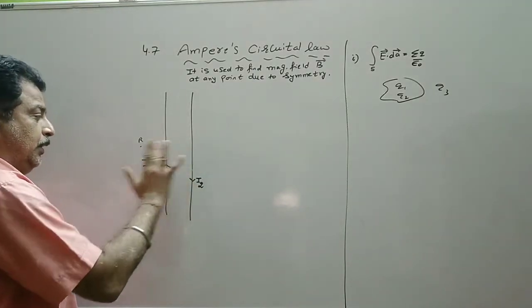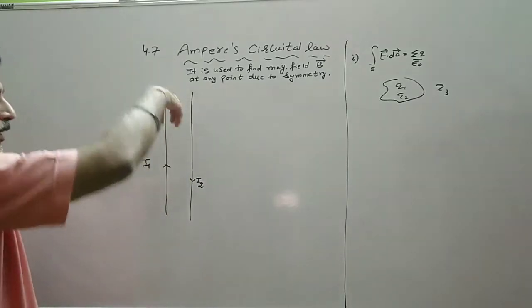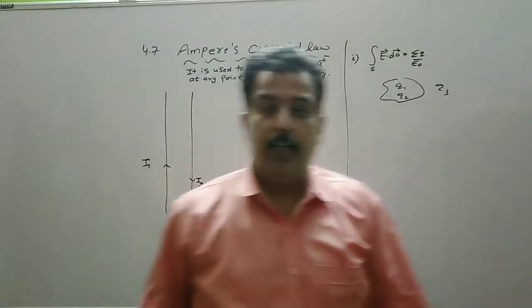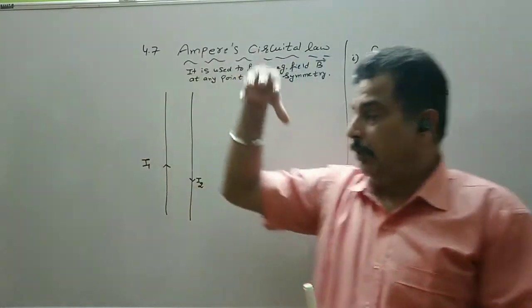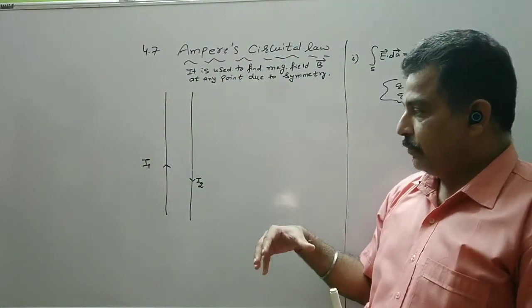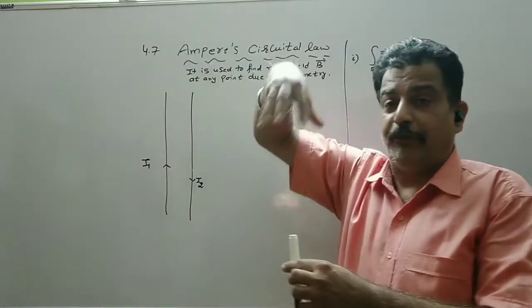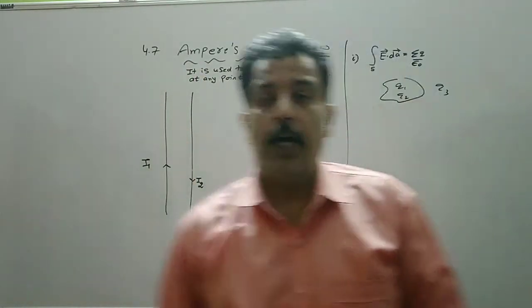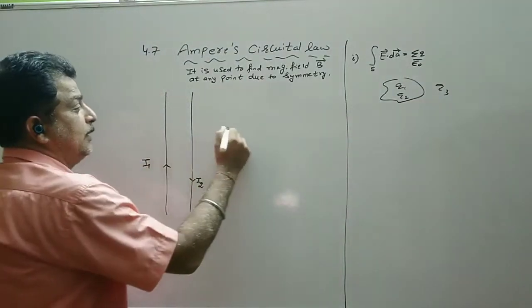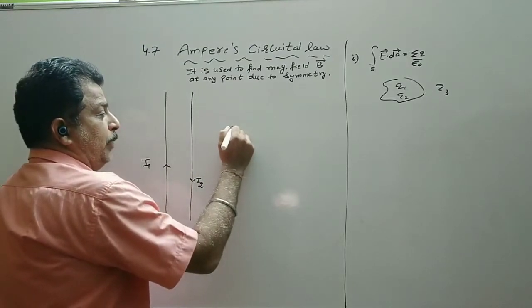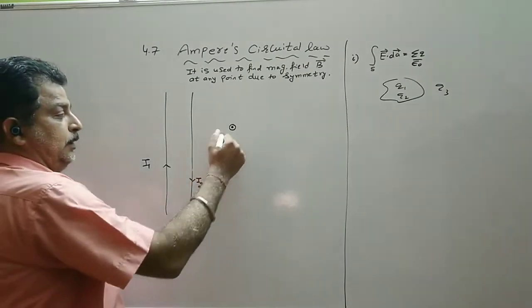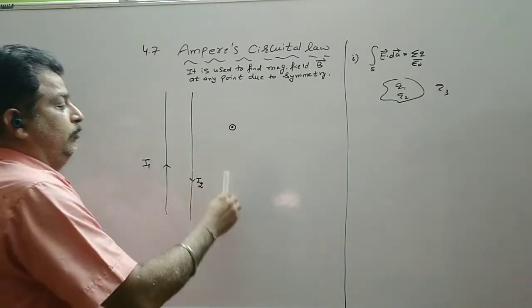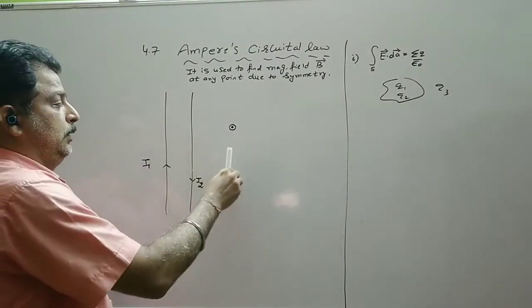Suppose I see this current carrying wire from the top. So let us see the top view. What will happen if I see it from the top view? The current is coming out. So I represent this wire by a dot. So this is the current which is coming out.